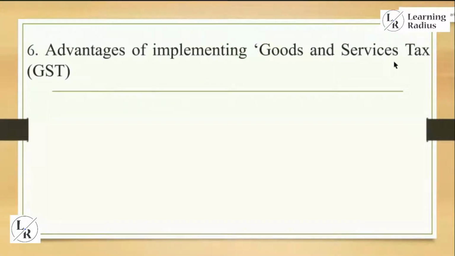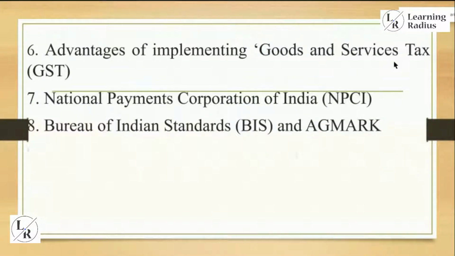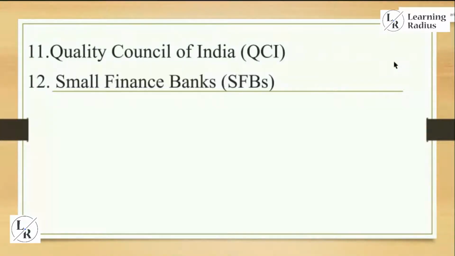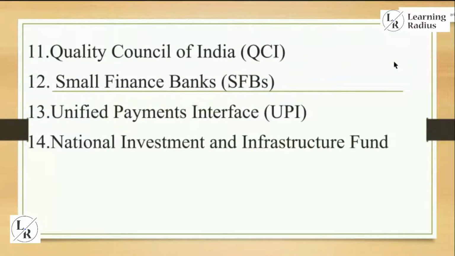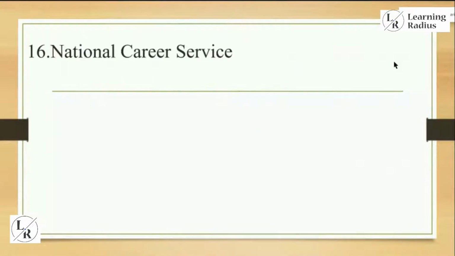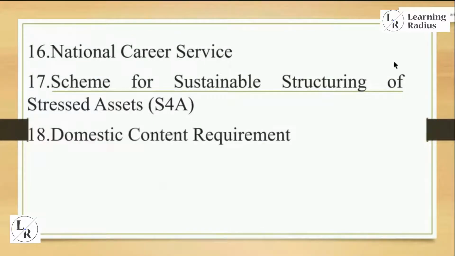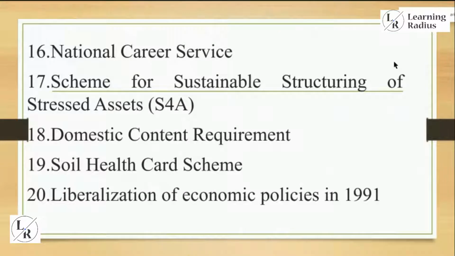Advantages of implementing goods and service tax, National Payments Corporation of India, Bureau of Indian Standards and AGMARK, National Agriculture Market Scheme, National Intellectual Property Rights Policy, Quality Council of India, Small Finance Banks, Unified Payments Interface, National Investment and Infrastructure Fund, National Skills Qualification Framework, National Career Service, Scheme for Sustainable Structuring of Stressed Assets, Domestic Content Requirement, Soil Health Card Scheme, liberalization of economic policies in 1991.